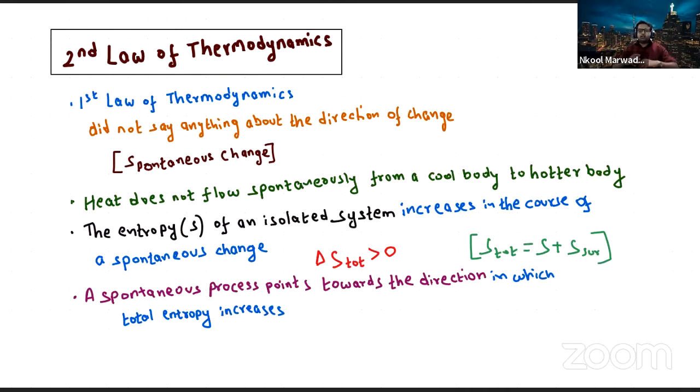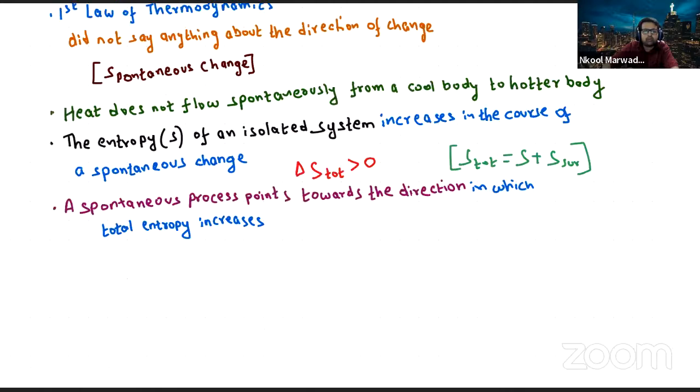So it means that, let us suppose I have a process which can go from A to B. Now this A can be a solid state and B can be the gaseous state.